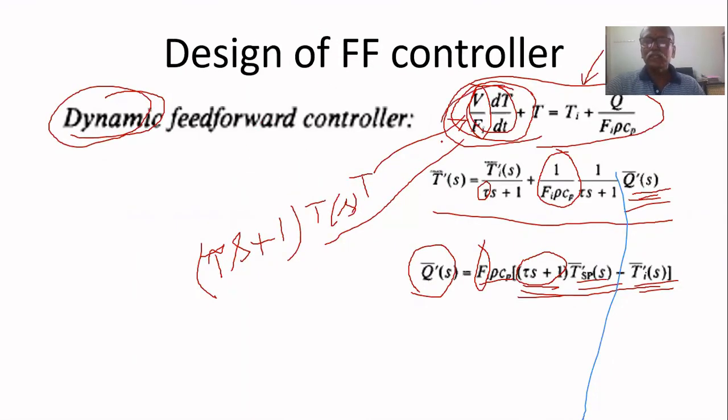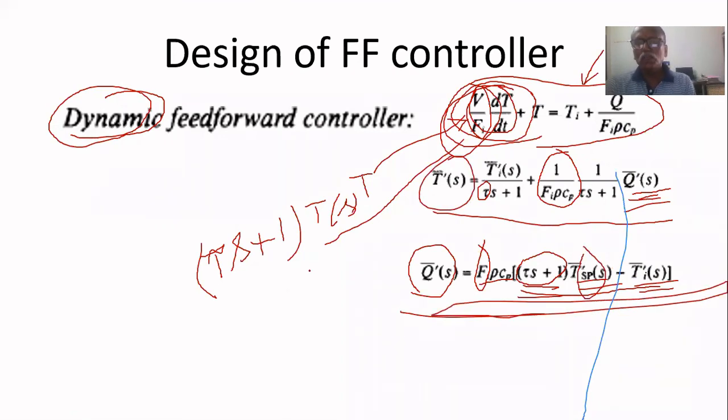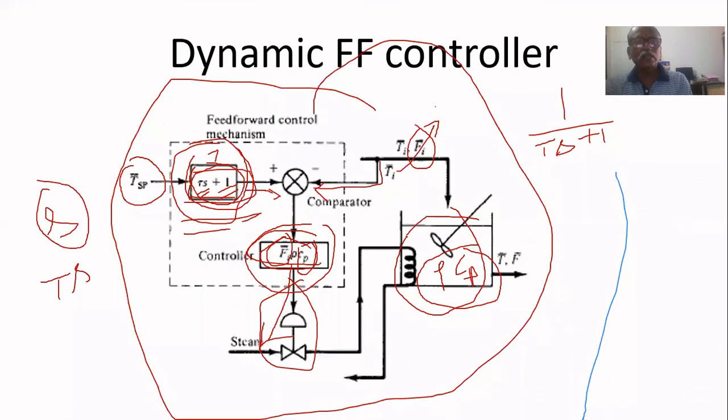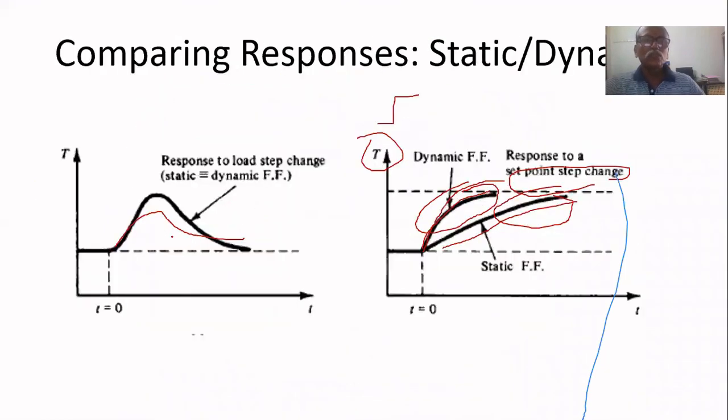In that case, the dynamic part is not made equal to 0. If we design the controller with the same assumption, T equal to T set point, this is the controller. The only difference is the tau s plus 1. If you put that, the filter part becomes tau s plus 1. You see both servo responses: with the dynamic controller, there is definitely a better improvement in the servo response.